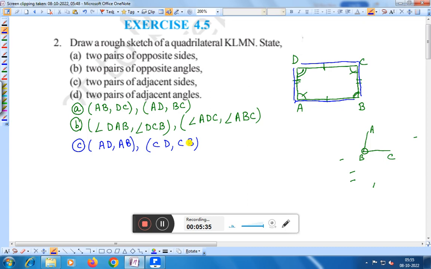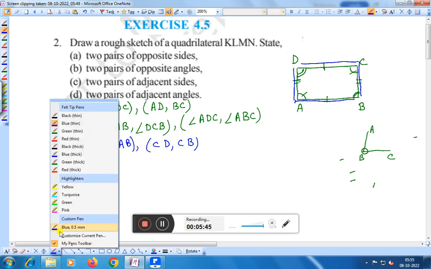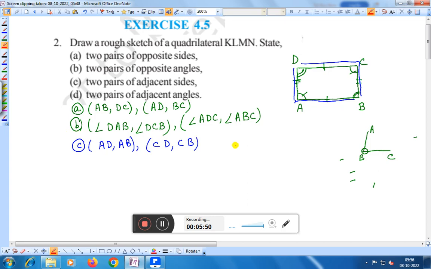Now, two pairs of adjacent angles. You see here, if you take adjacent angles, then these are the adjacent angles. You see, this is angle A and angle D are adjacent angles, right? Angle A and angle D. Therefore, we can write here as question number D, two pairs of adjacent angles.